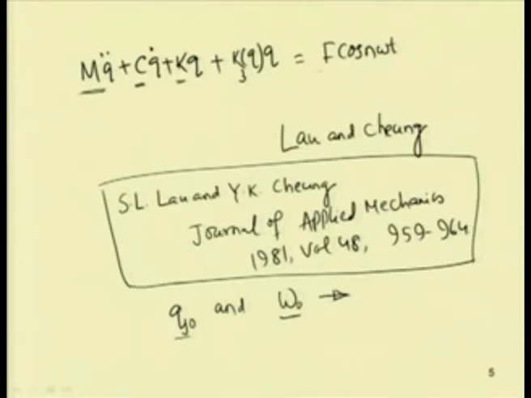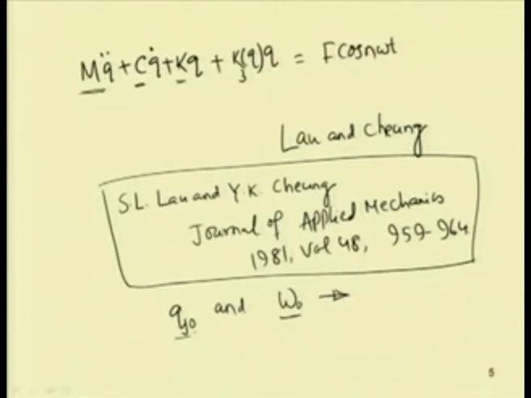For single degree of freedom systems, M will represent the mass of the system, C the damping, K the stiffness, K 3 the nonlinear term, and F the forcing. Depending on whether we are taking a multi-degree of freedom or single degree of freedom system, one can consider q j 0 and omega 0 to denote a state of vibration of the system.